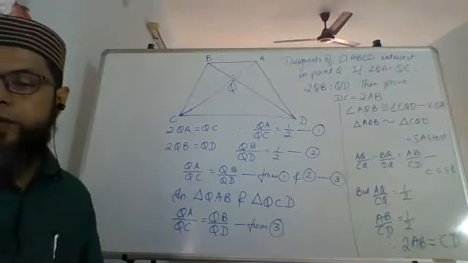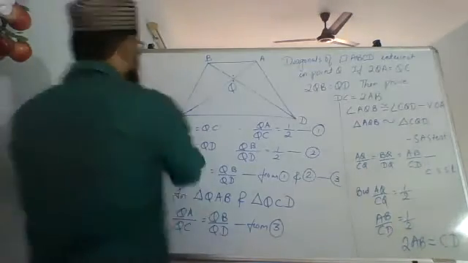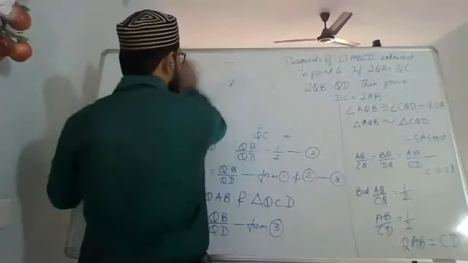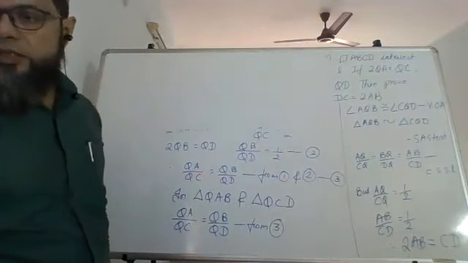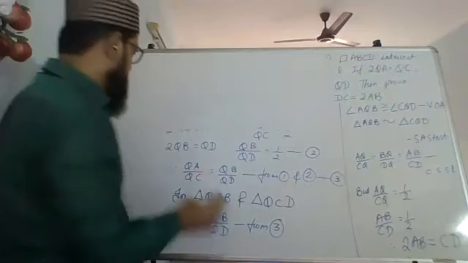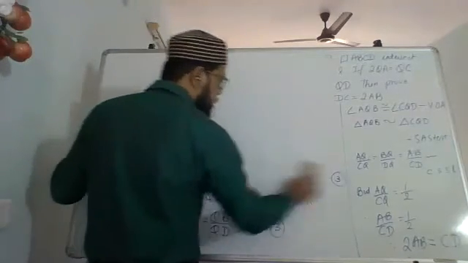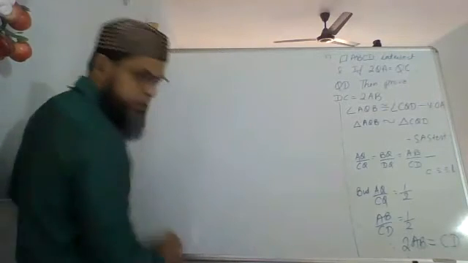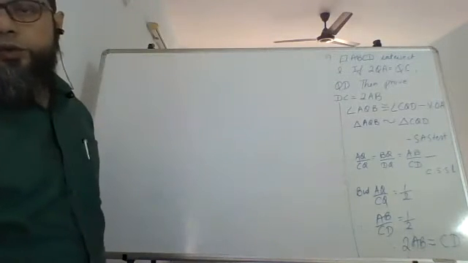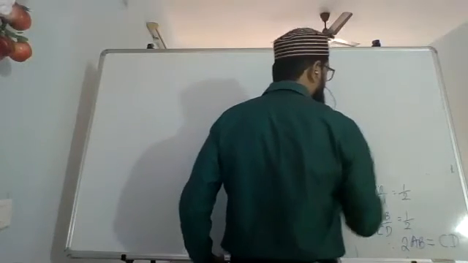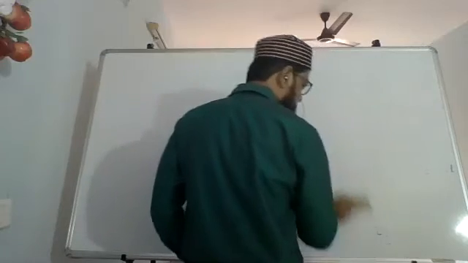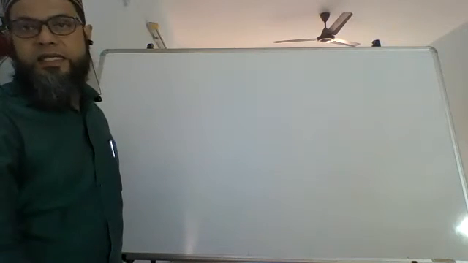I'll repeat again. When two triangles are similar, the ratio of areas of those triangles is equal to the ratio of the squares of their corresponding sides.